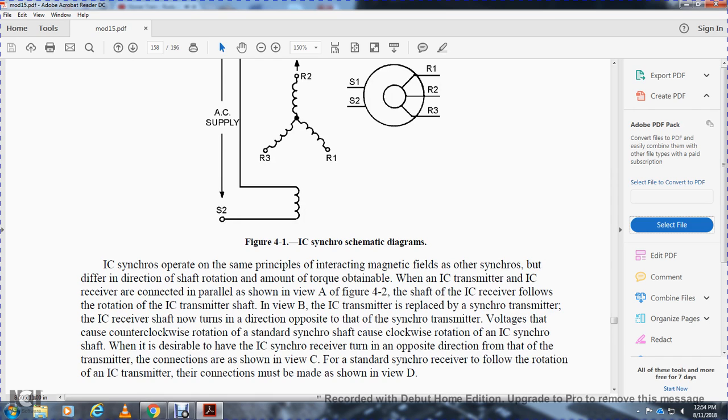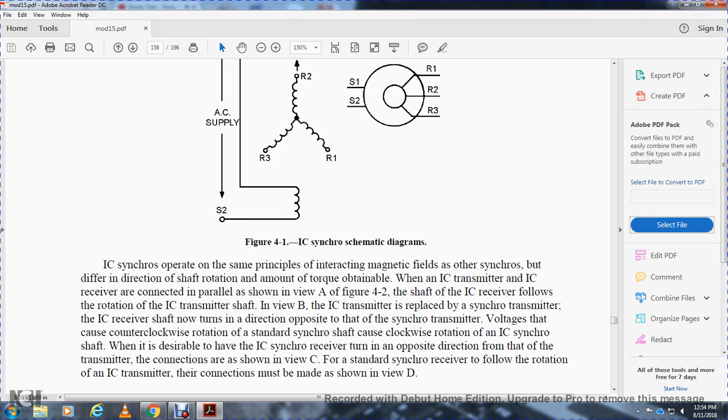They operate on the same principle. They interact with the magnetic field of the other synchro to determine the direction of shaft rotation, with the torque obtainable. The interior communication transmitter and the interior communication receiver are connected in parallel, as shown in view A of figure 4.2. With the interior communication receiver shaft turning, the transmitter shaft turns in the same direction. The interior communication receiver turns in the direction opposite to that of the synchro transmitter with counterclockwise rotation of a standard synchro shaft.